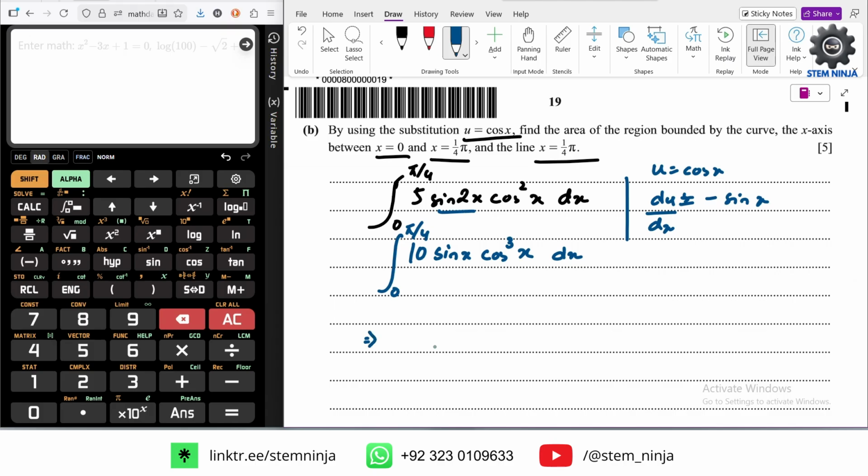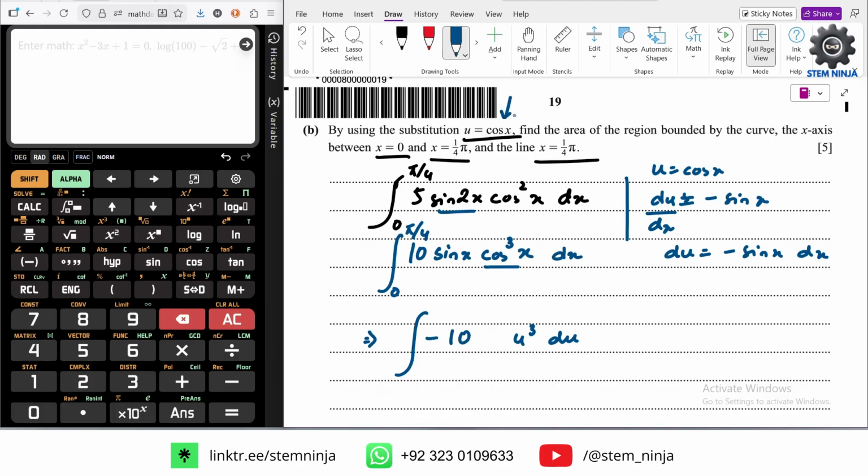So when you start to convert it, this is u cubed, and du is minus sine x dx, right? So sine x dx would be minus du. So you have minus 10 du.